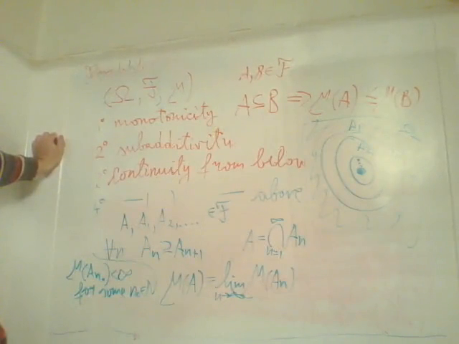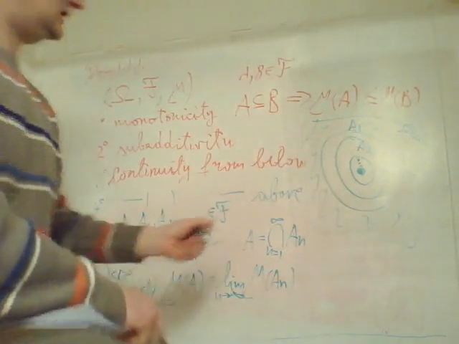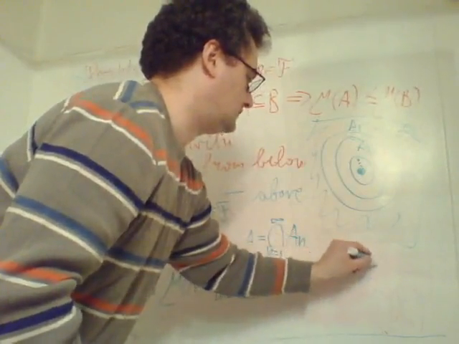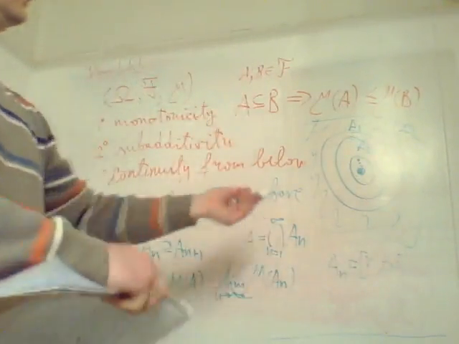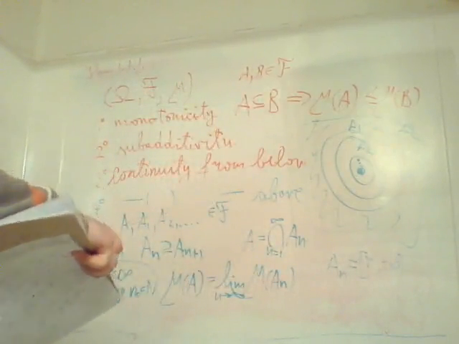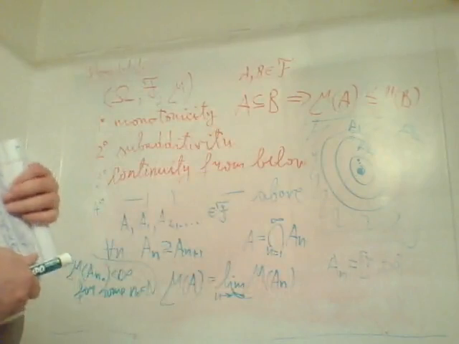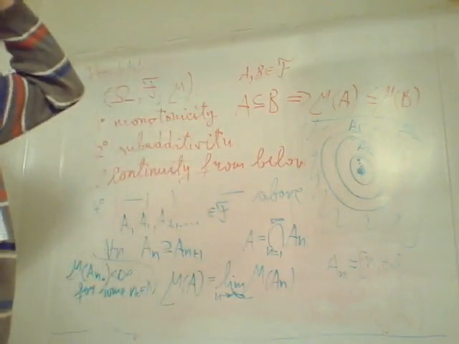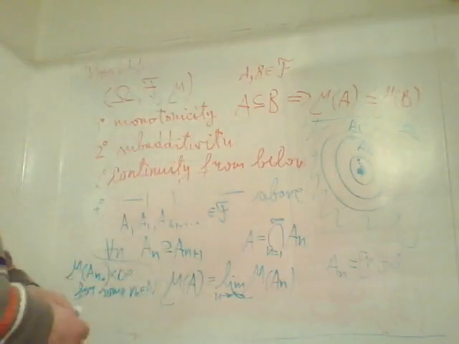And then you will have that. It's easy to construct a counterexample. You can take the real line, and you can take An to be the interval from n to infinity. Now clearly this is a decreasing sequence, and this sequence converges to the empty set.